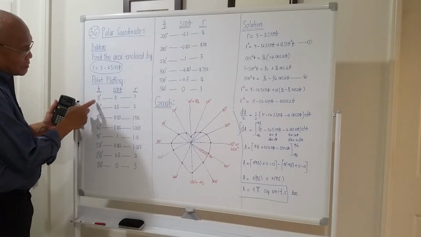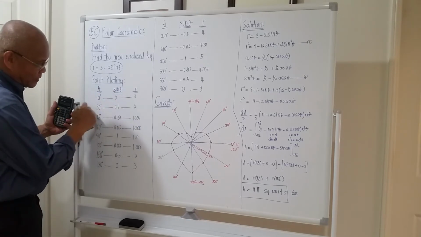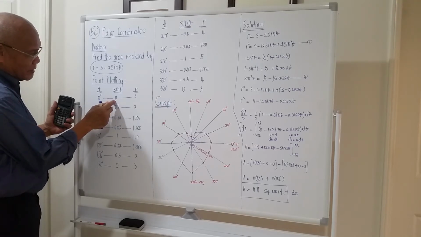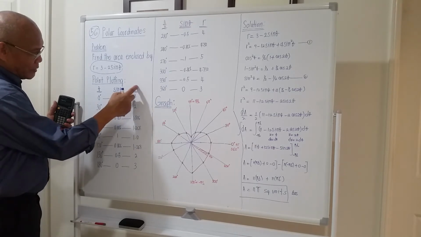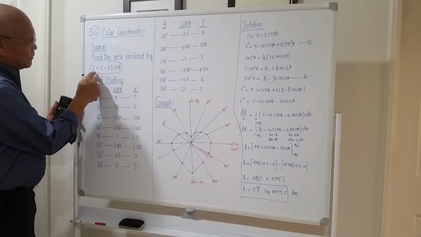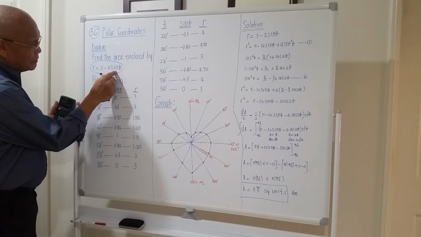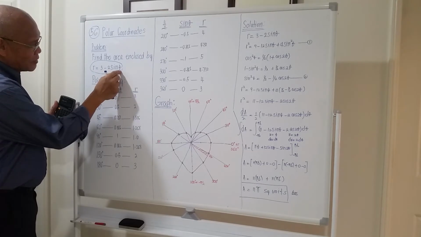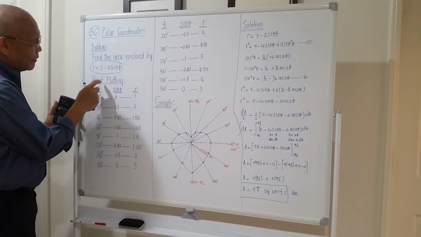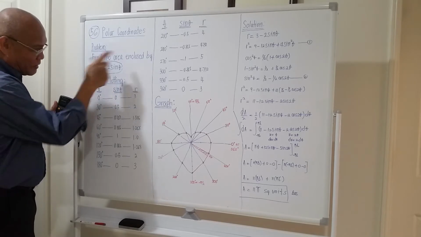If angle theta is 0, sine of theta for this first part, I said the value is 0. And I said the value of the radius is 3. How does it come out like that? For the given polar equation, if theta is 0, sine of 0 will be 0, 2 times 0 will be 0, 3 minus 0 will be 3.